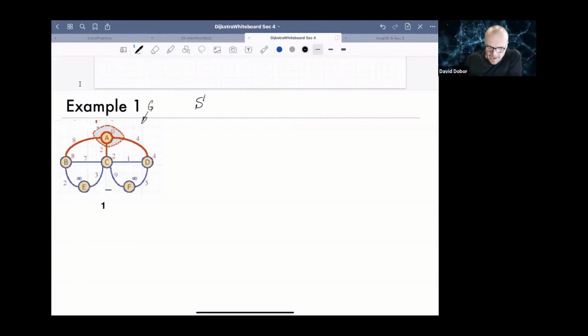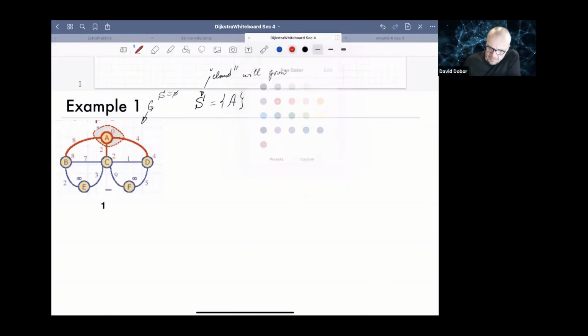And now I added A to this ever-expanding cloud of vertices. So this is going to be my cloud that will grow. So initially it just has one red vertex. So maybe I should go with red here. This A.